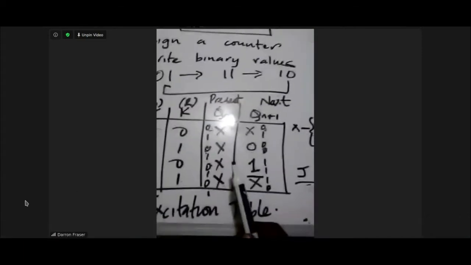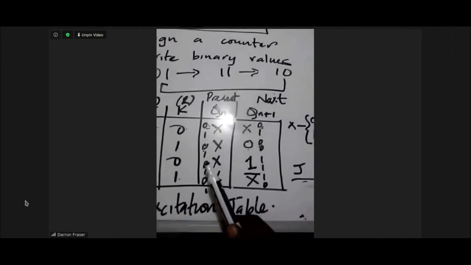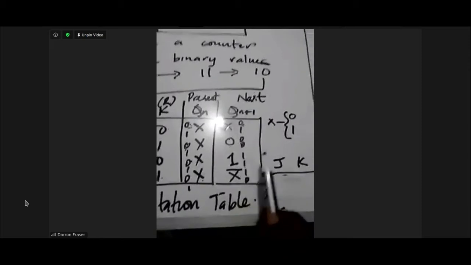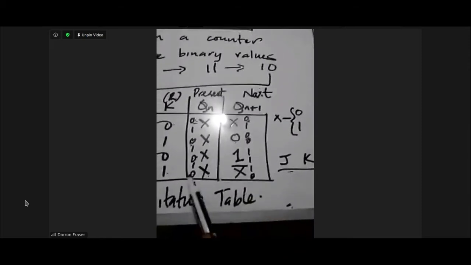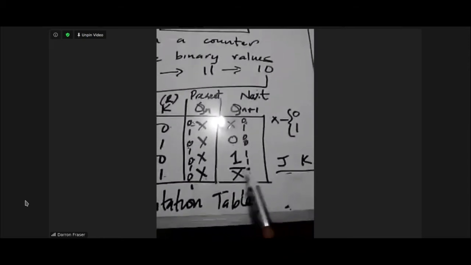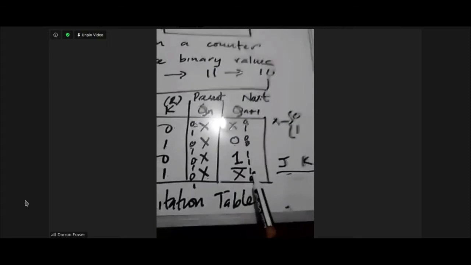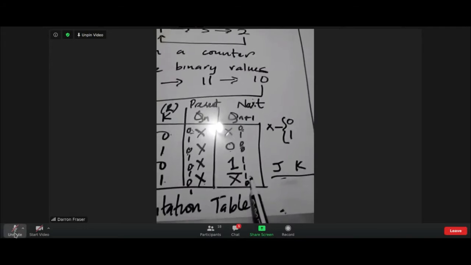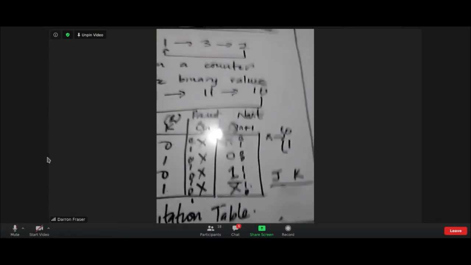So if we go back over to our excitation table, presently at 0, next state is 1. That is one case. And the next one is down here. Presently at 0, next case is 1. Everybody see what I'm talking about? I really understand.